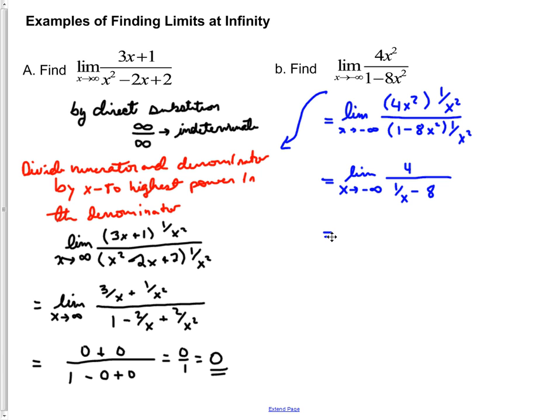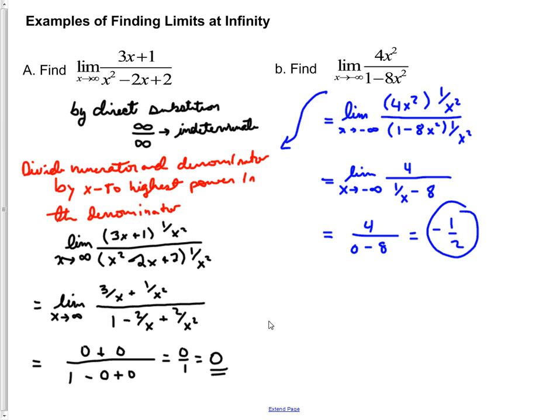Well, this limit is going to become 4 divided by 0 minus 8, and we know that that reduces to negative 1/2, and that's our limit in this case.